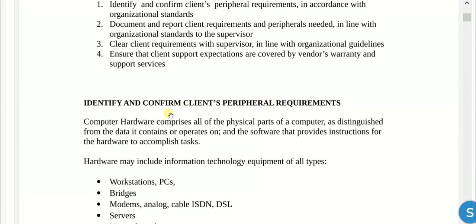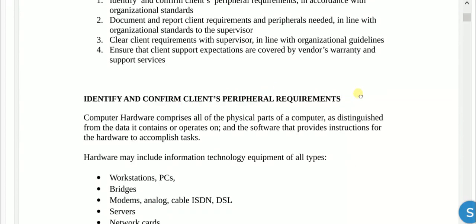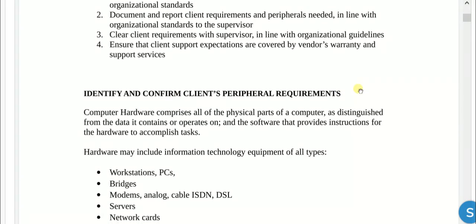And confirm here is very critical. Just because you realize that this office would need a fax machine, you don't go ahead and get the fax machine and bring it to the office when you're fitting it, without confirming with the client whether they want a fax machine.